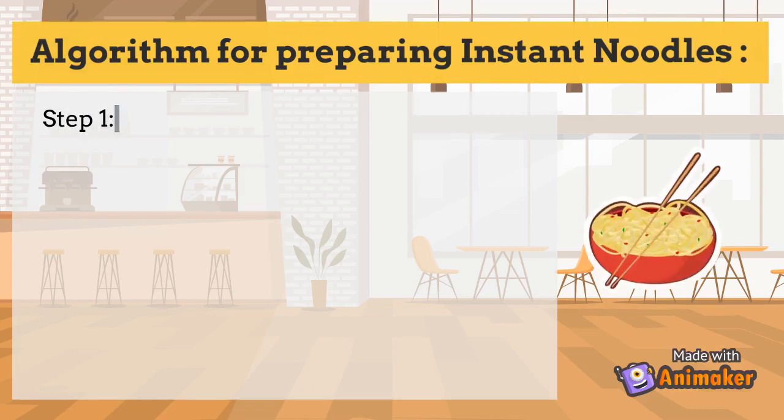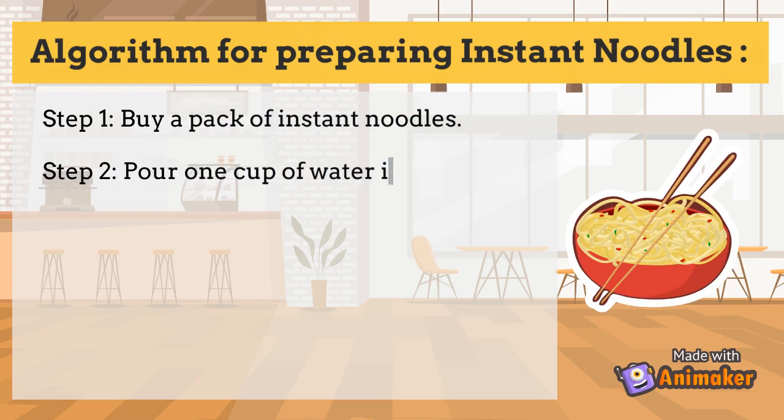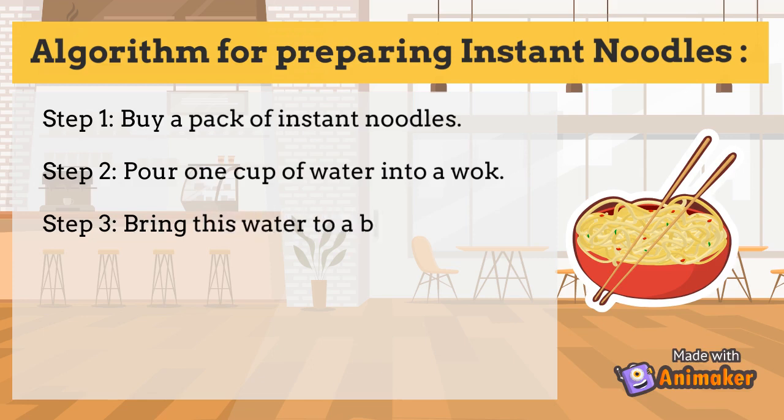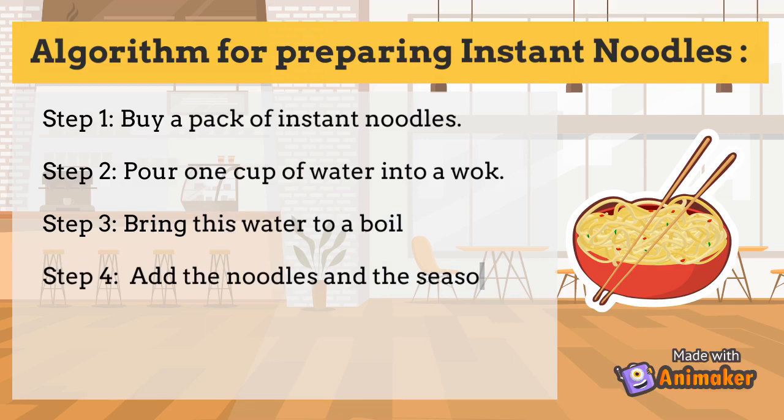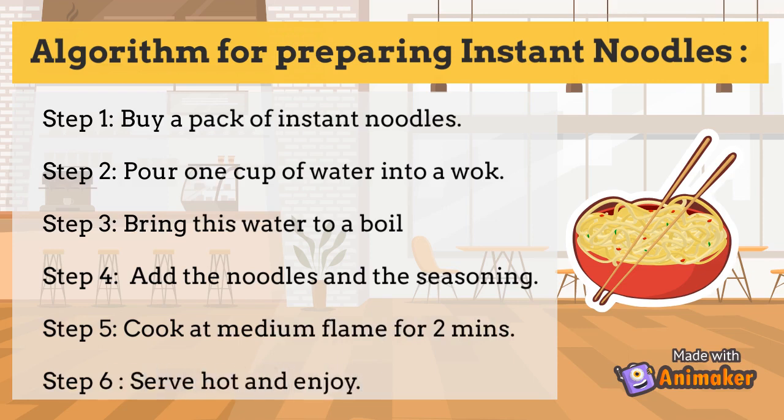First step is to buy a packet of instant noodles. Step 2. Pour 1 cup of water into a wok. Step 3. Bring this water to a boil. Step 4. Add the noodles and the seasoning. Step 5. Cook it on medium flame for 2 minutes. Step 6. Serve it hot and enjoy your food.